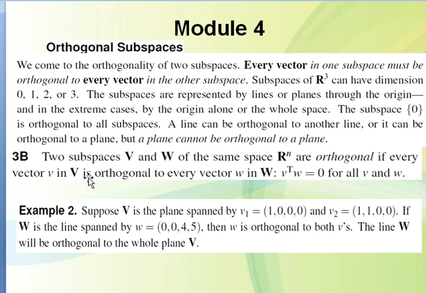So for this, we'll see an example. Let's discuss that. Two subspaces V and W of the same space Rn are orthogonal if every vector v in V is orthogonal to every vector w in W, such that v transpose w is equal to 0. This means two subspaces V and W of the same space, so the space's dimension is the same.